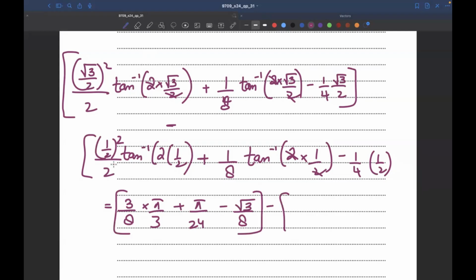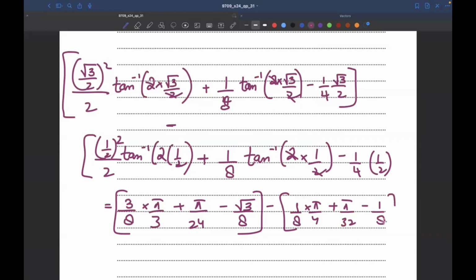Subtracting it from the lower limit. So this is 1 upon 4. That will become 1 upon 8 into tan inverse of 1, which is pi upon 4, plus, again tan inverse of 1 is pi upon 4. So that will become pi upon 32 minus 1 upon 8.